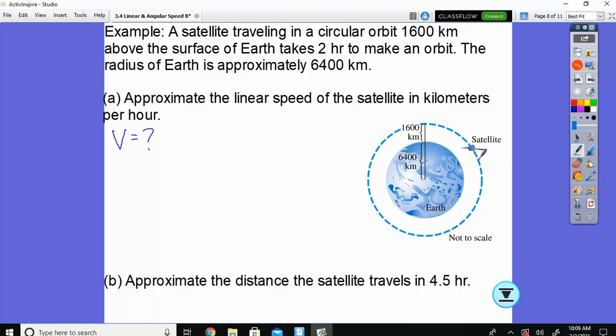Okay, we have to figure out what we have. I told you that the radius of the Earth is 6,400 and our satellite is 1,600 kilometers beyond that. So what have I given you? The radius. What would you do with those two numbers? Add them. So the radius here is 8,000 kilometers.